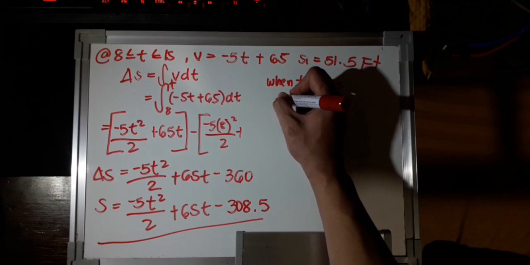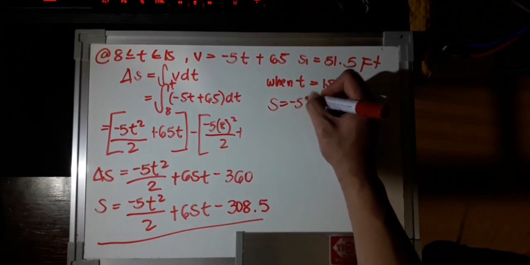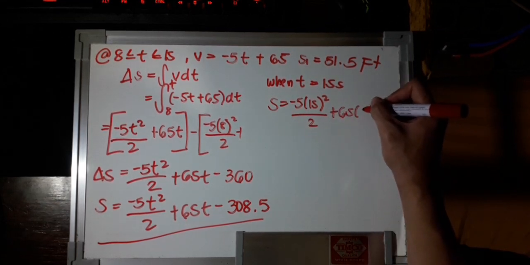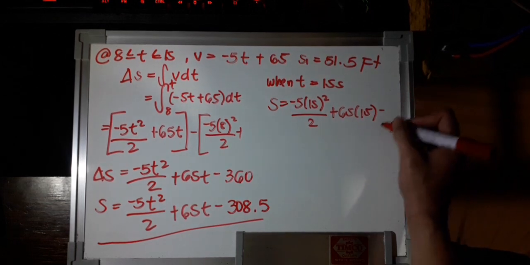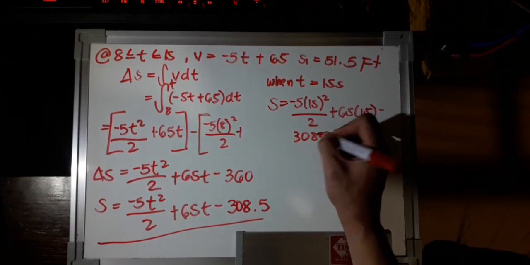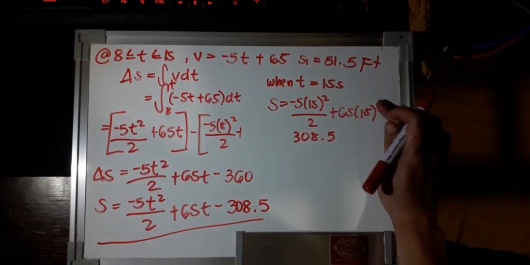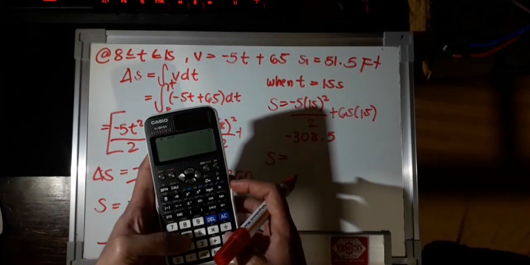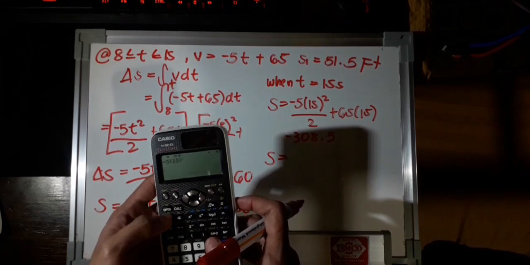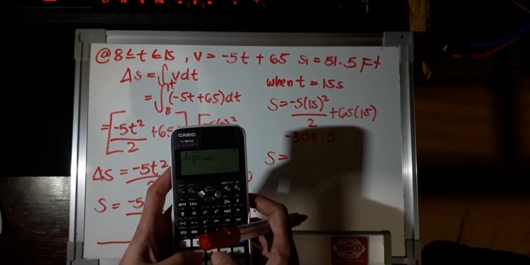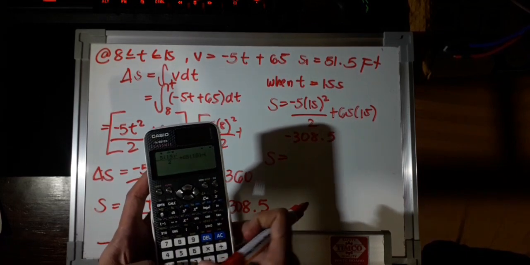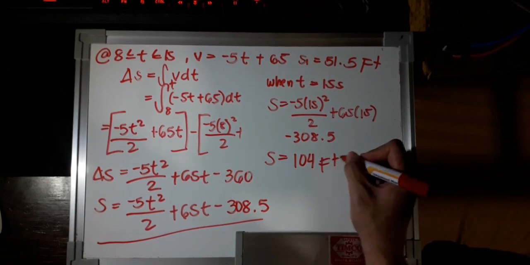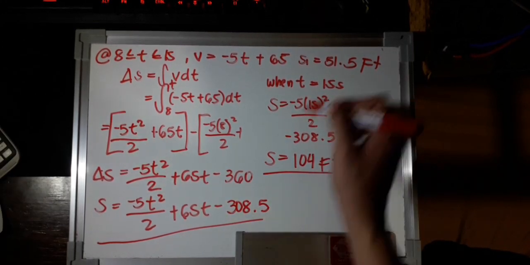So when time is equal to 15 seconds, position is equal to negative 5 multiplied by 15 squared over 2 plus 65 times 15 minus 308.5. That is 104 feet. So this is the position when time is equal to 15 seconds.